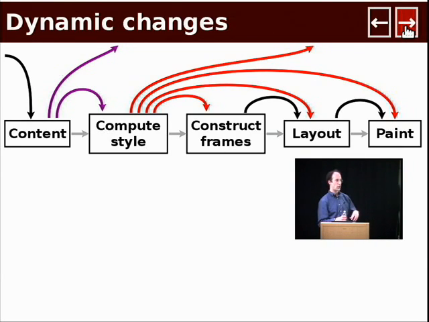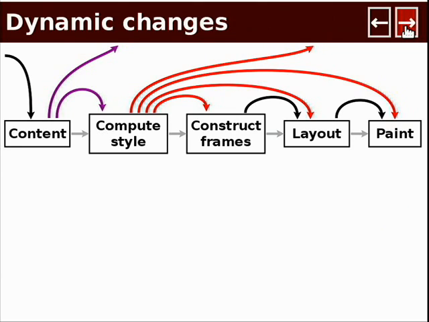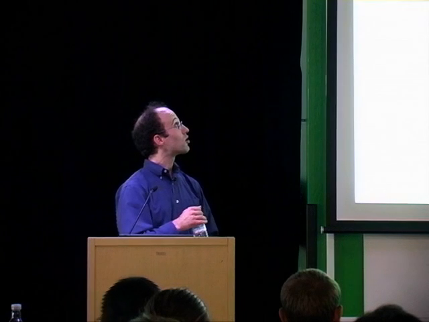So a lot of changes that affect layout are often indirectly CSS changes that happen because something causes the computed style of CSS properties to change, which in turn causes the display to change.